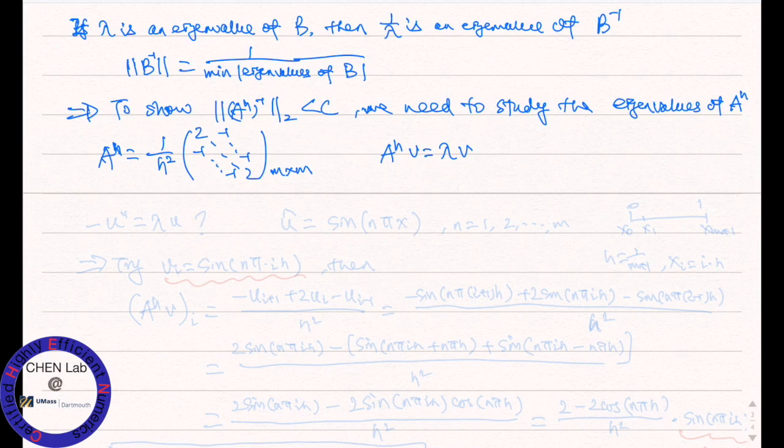AH times some V is like multiplying that V by a scalar. The trick here is that AH is like negative u double prime, so you think of negative u double prime equal to some lambda u. What kind of u can satisfy that?